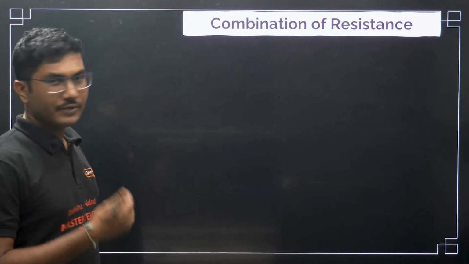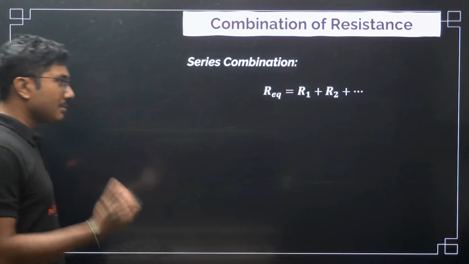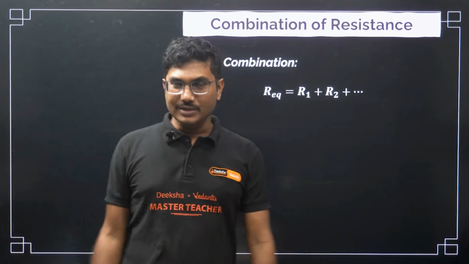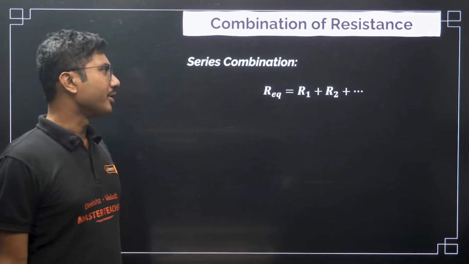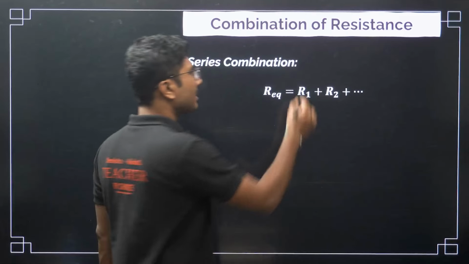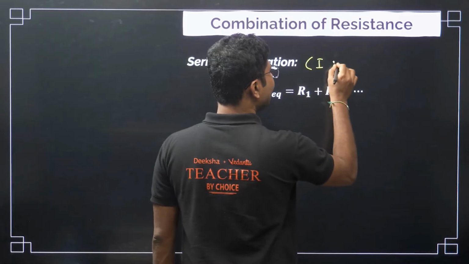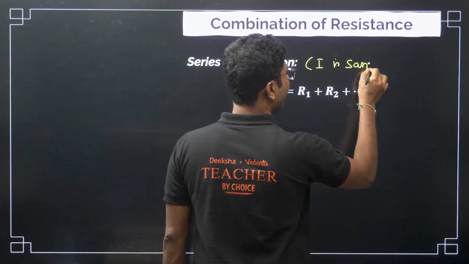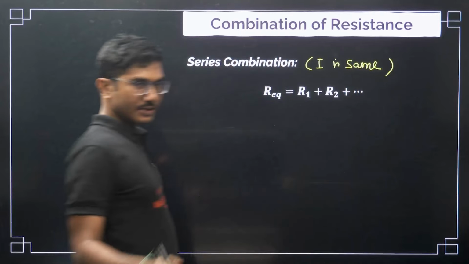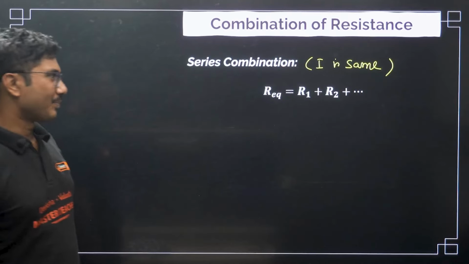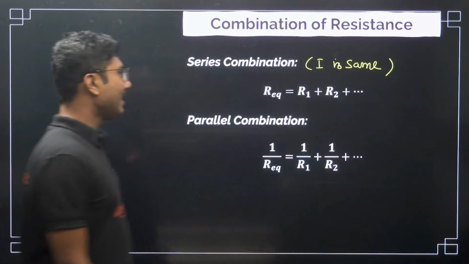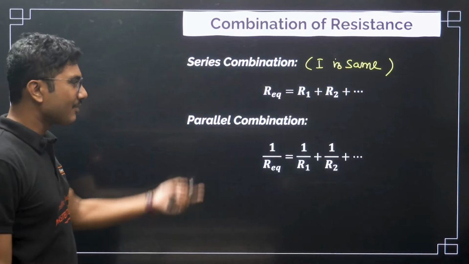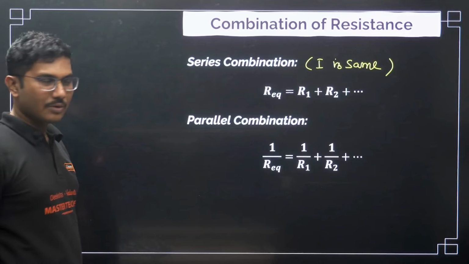Now combination of resistances, I hope everyone remembers it. Series combination, the easiest one: R equivalent is equal to R1 plus R2 plus R3 and so on. In the series combination, remember that current is the same in all the resistors. In parallel combination, 1 by Req is equal to 1 by R1 plus 1 by R2.